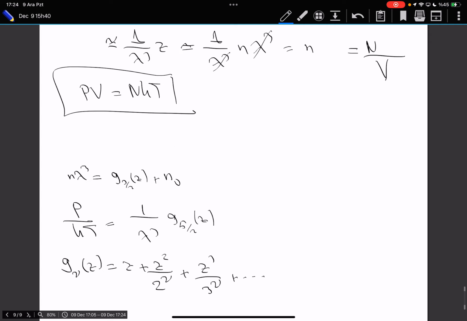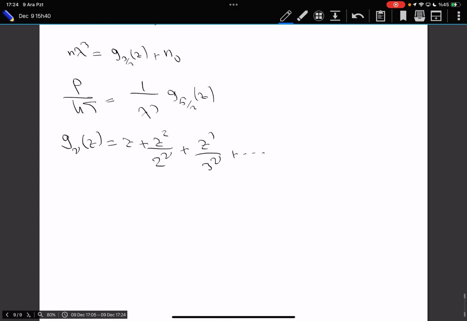Now we did recover the ideal gas equation of state, but we can do better than that. We can calculate the first correction to that. I will not do it today, but basically what we will have is n lambda cubed is equal to z plus z squared over 2 to the power 3 halves. From here we can solve for z.